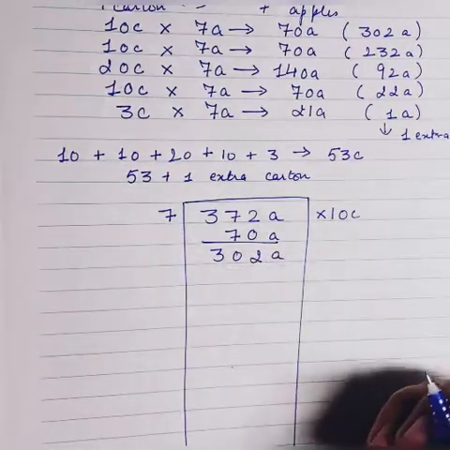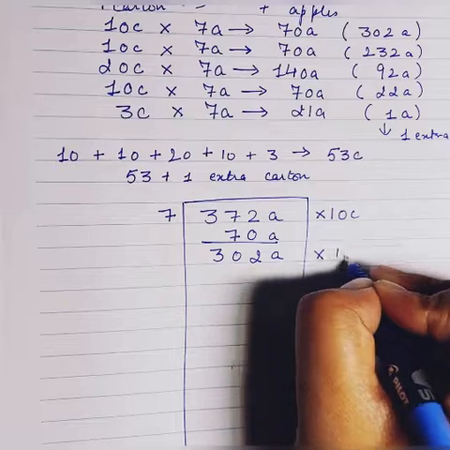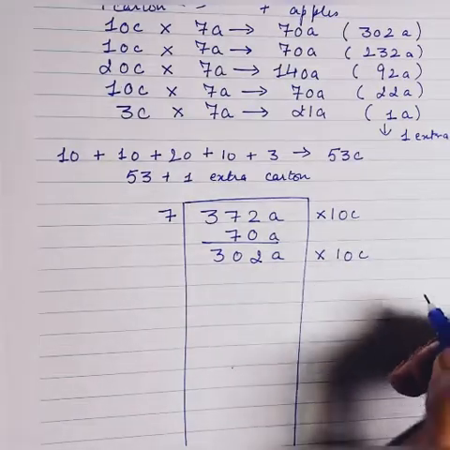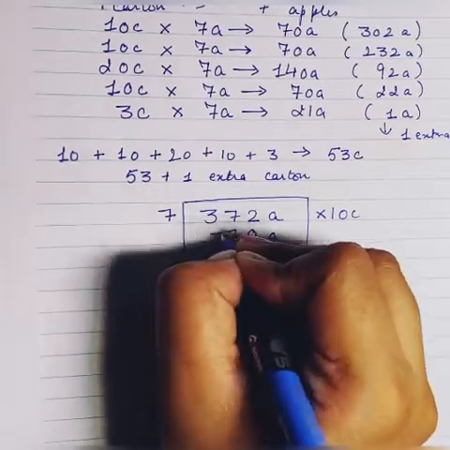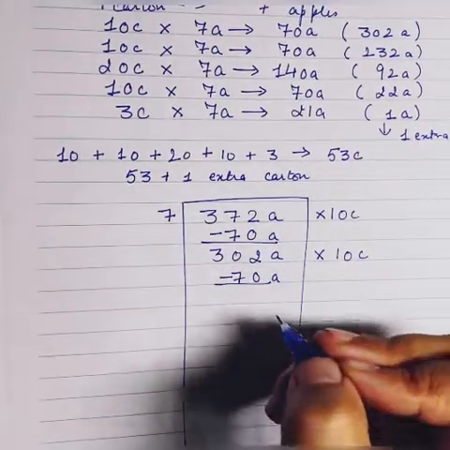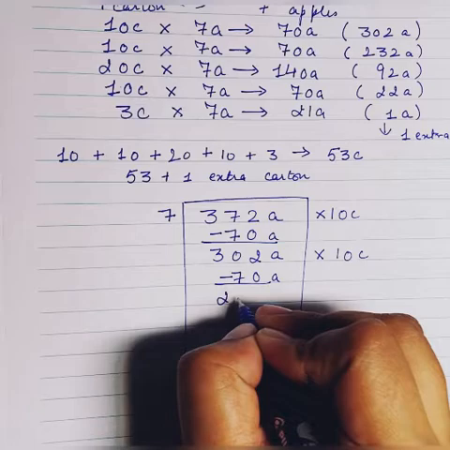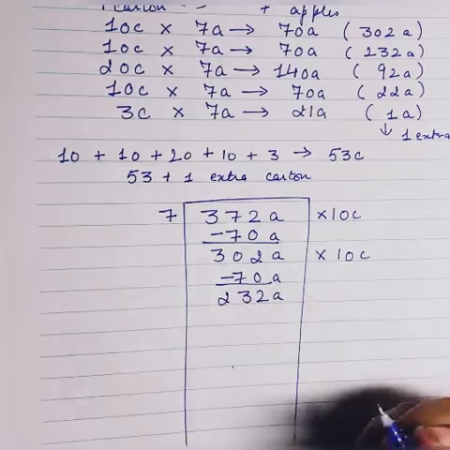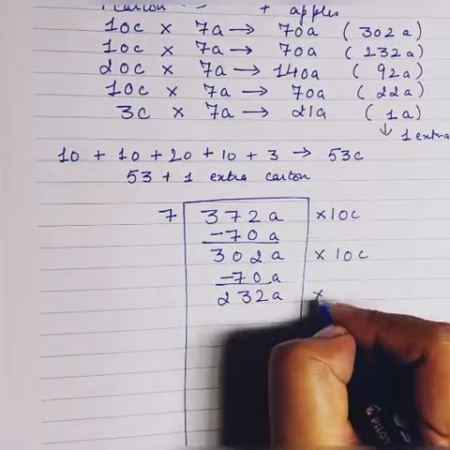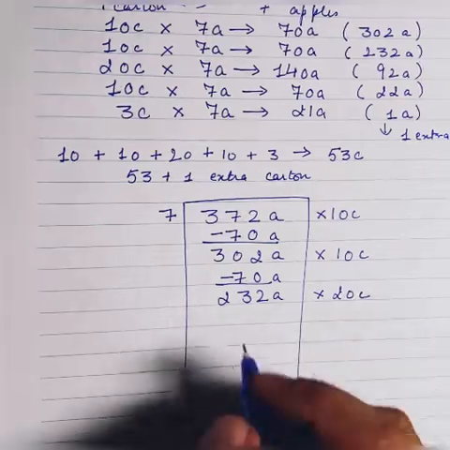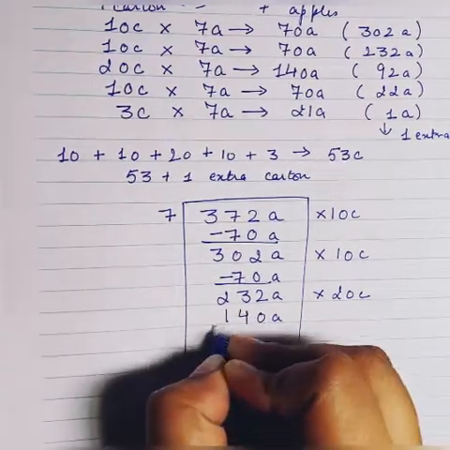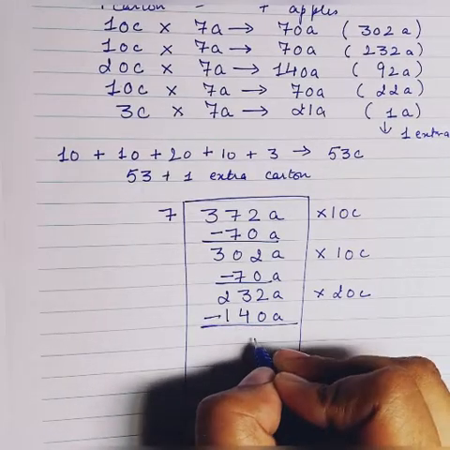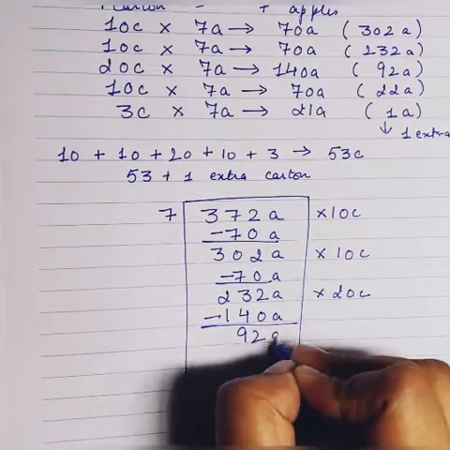302 apples. Again, let's try 10 cartons. We'll be packing 70 apples. We'll be left with 232 apples. Let's try 20 cartons now. 140 apples we'll pack, and we'll be left with 92 apples.